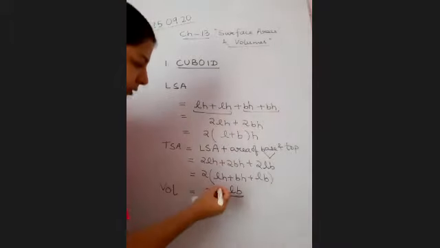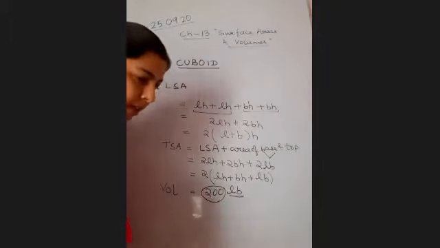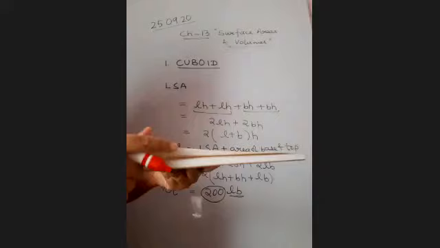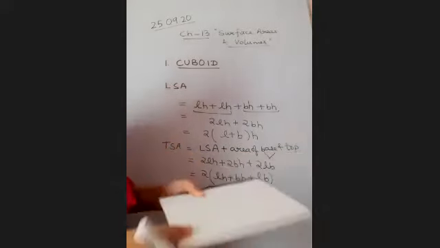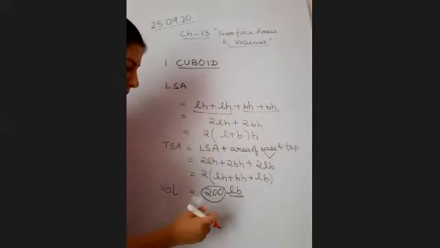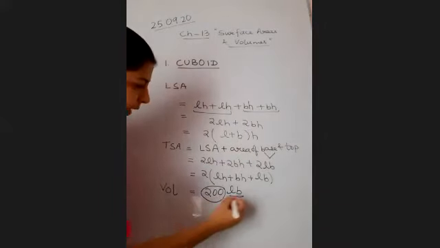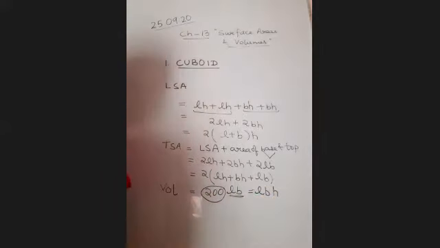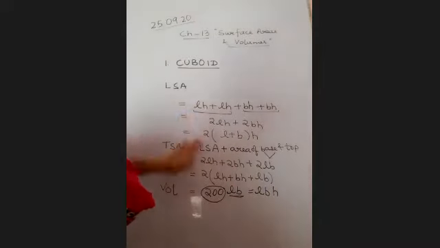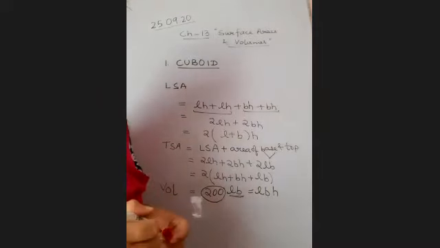Now this 200 is nothing but the height of this notebook. So we call this 200 as H. That is how the volume of the cuboid becomes LBH.